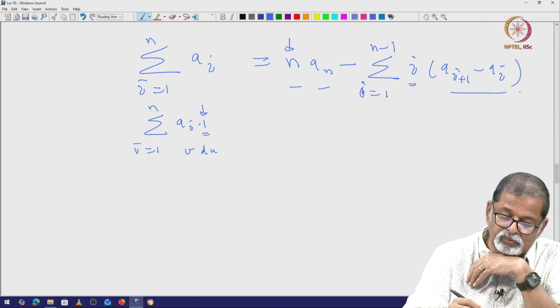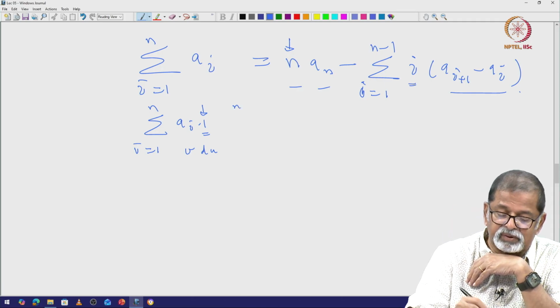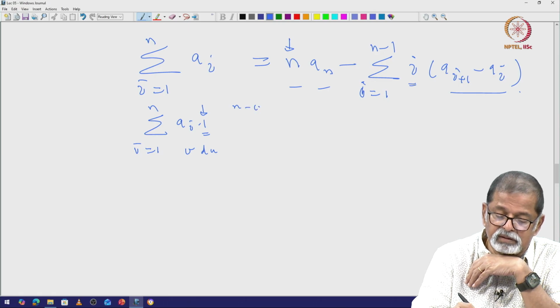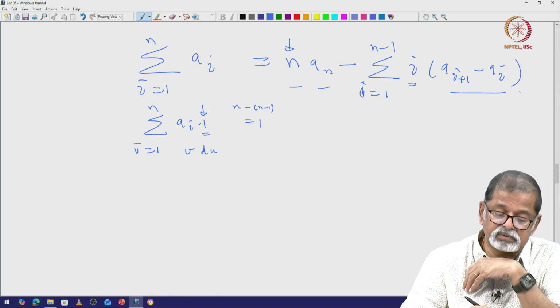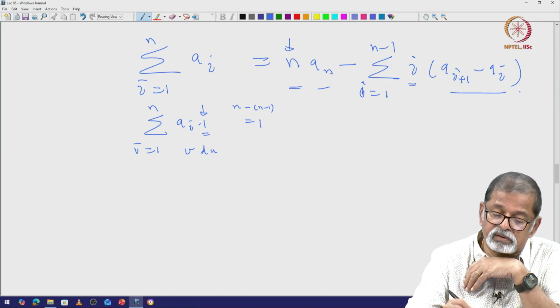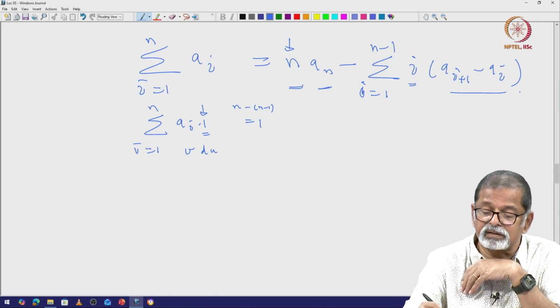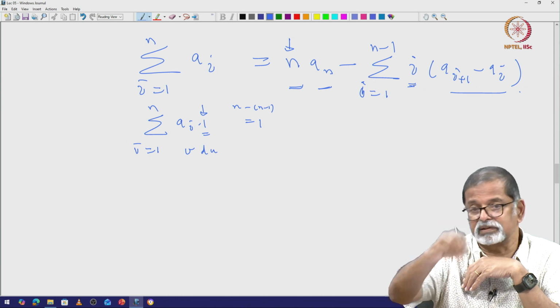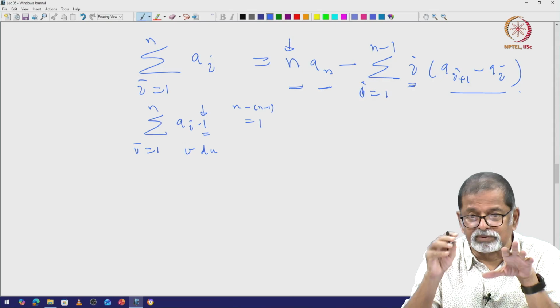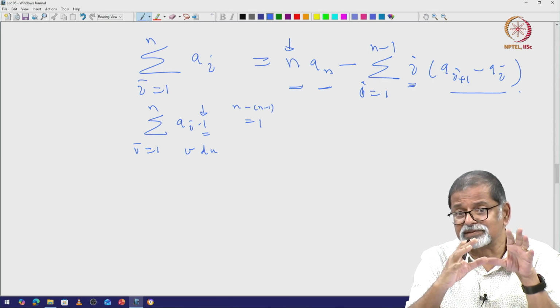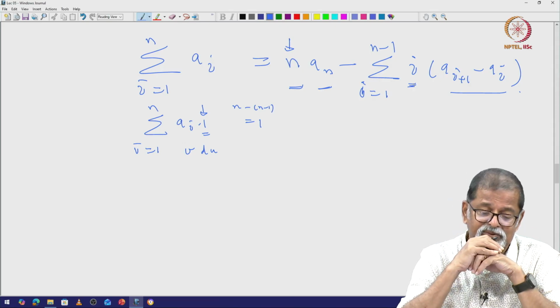The difference will be 1 for n. Between n and n minus 1, the difference is 1. So, you get n a_n and then i times this integral v du. So, you can see the analog, it is very interesting. Okay.